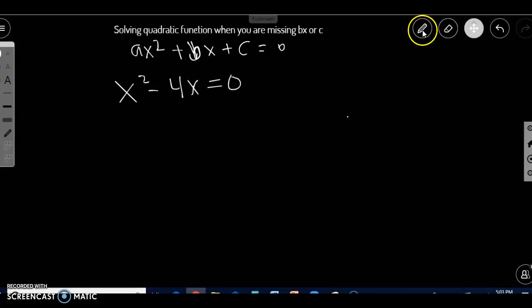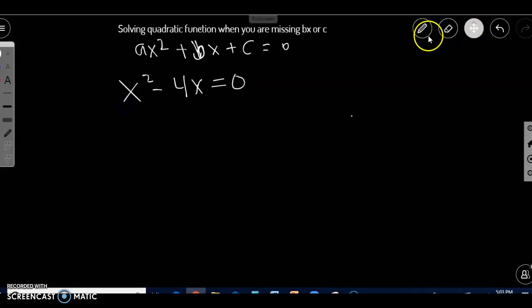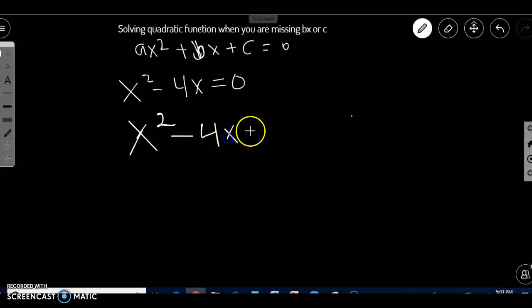So we can insert the c part of it, and rewrite it as x squared minus 4x plus 0 equals 0.